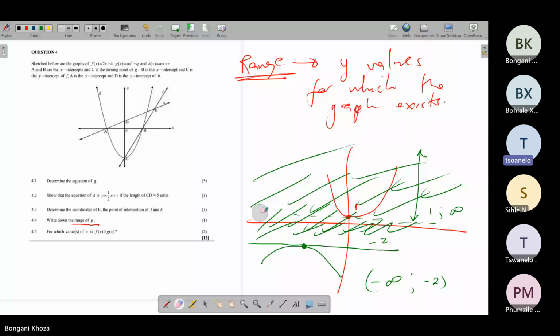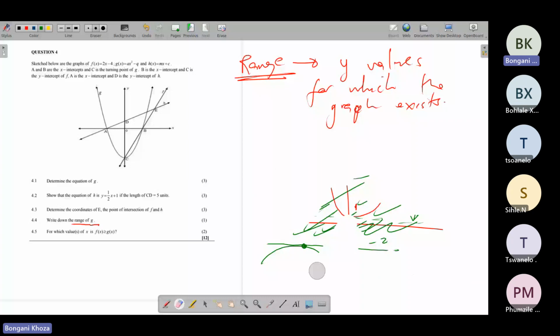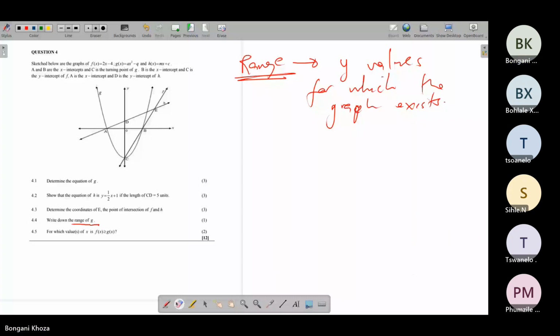Yes, sir. And the domain will be the X values for which the graph or function exists. So here you're looking at only the X values.